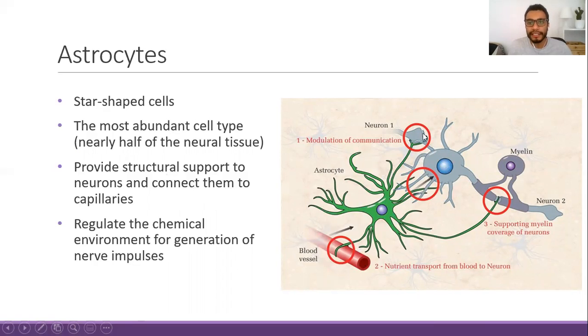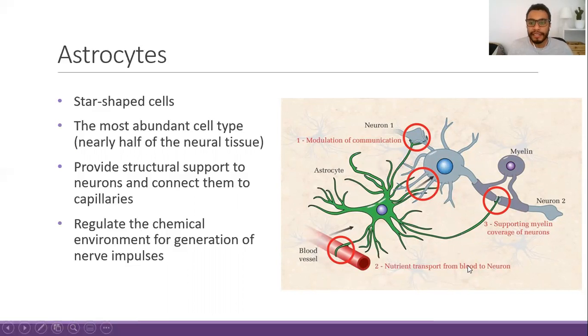According to that, we can assume that astrocytes are responsible for modulating the communication between neurons and blood vessels. They are also responsible for providing nutrients from the blood vessel to the neuron, including oxygen, organic nutrients, glucose, ions, and amino acids.